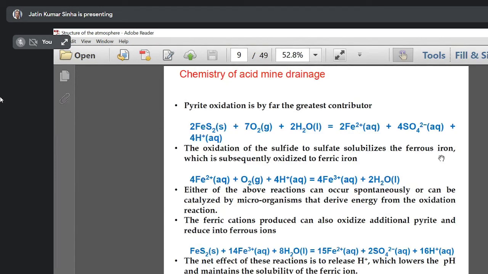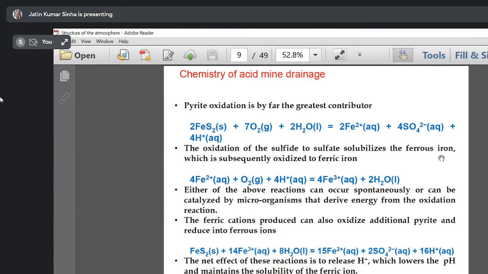What happens? The pyrite is converted to iron 2 and sulfate. Here sulfide is oxidized to sulfate, and once you have sulfate, it can dissolve the iron 2. Once you have iron 2 in the solution, in water, it has a tendency to be oxidized.